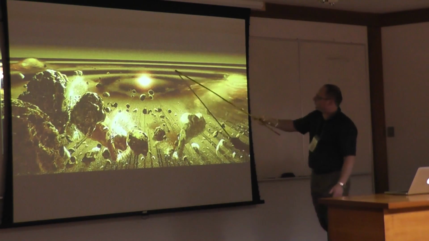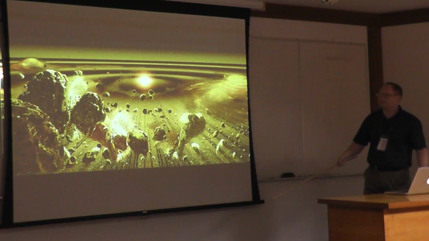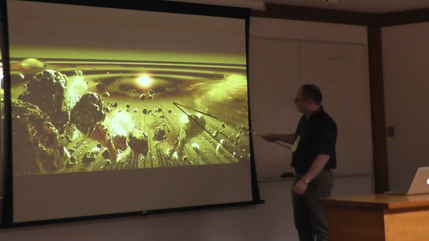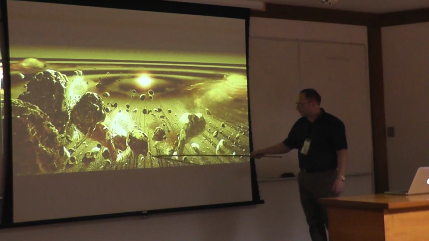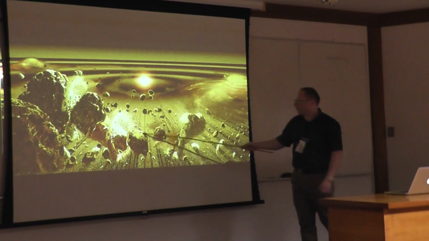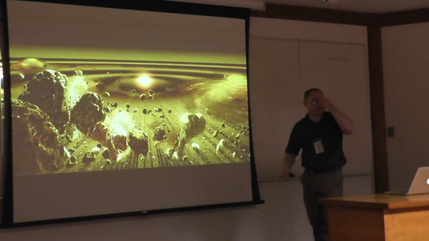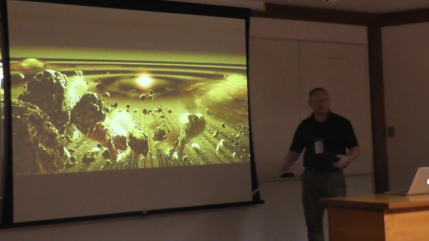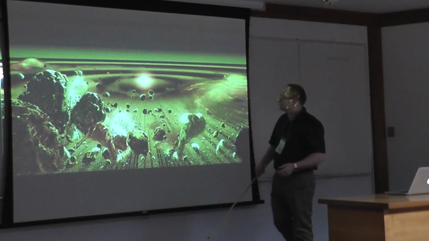In fact, if we look at the disk, it's set up to be something that looks like HL Tau that we've seen yesterday. And of course we have all these small dust particles that are first accumulating to produce small rubble, and then we can create the 10 kilometer sized bodies that start to have gravitational fields strongly, and they can attract other bodies to create your kind of protoplanets.